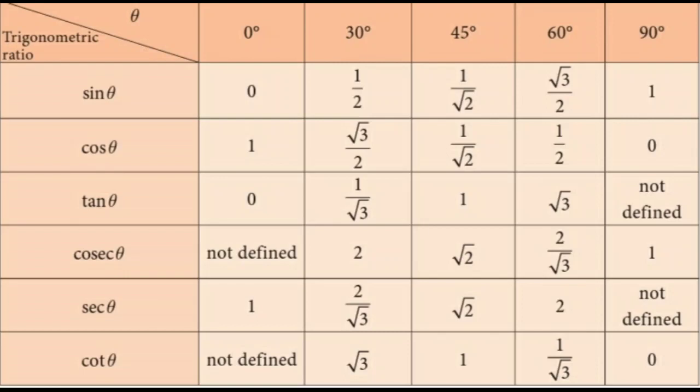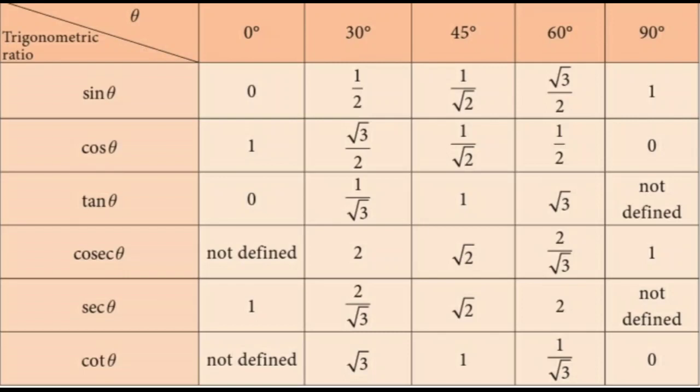Then last one, cot theta, the reciprocal of tan theta. Cot 0 degree is not defined, because 1 by 0 is not defined, right? Cot 30 degree is root 3, reciprocal of tan 30 degree. Then cot 45 degree, reciprocal of tan 45 degree.